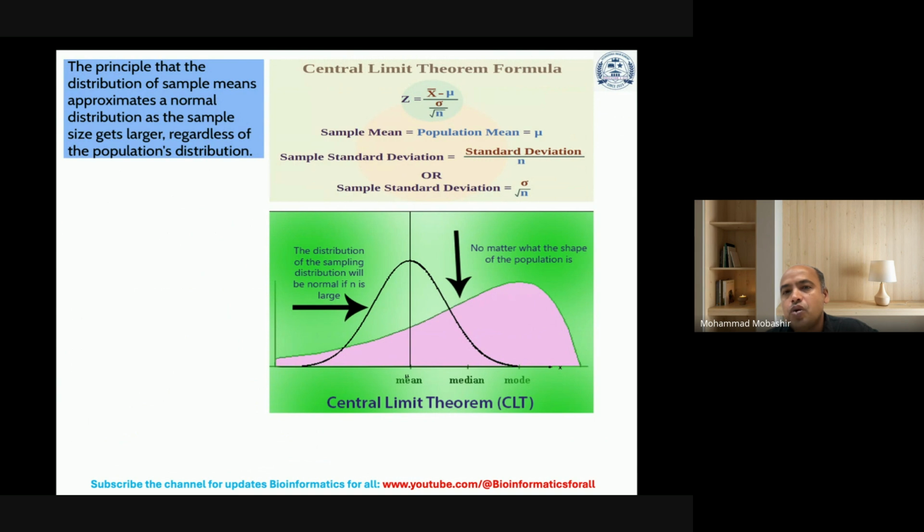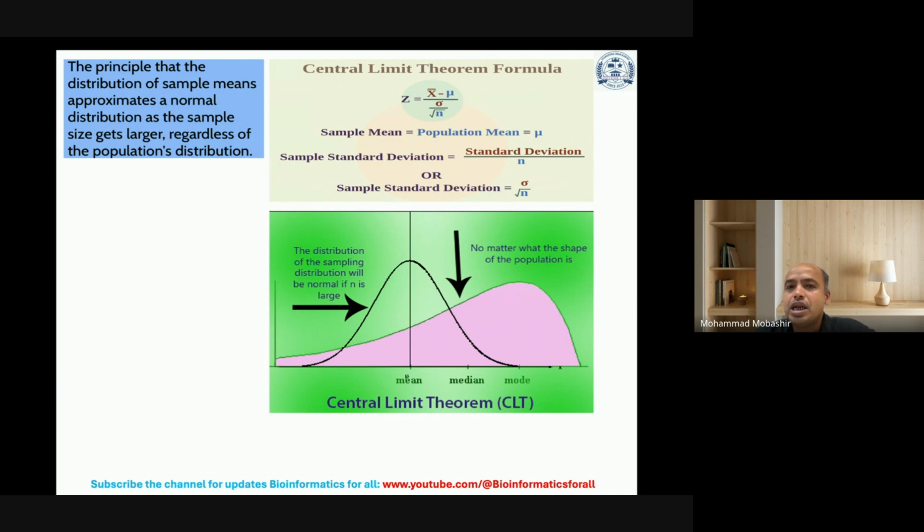In summary, the central limit theorem formula in a very simplified form, which is easy to write in coding, is z equal to x bar minus mu, upon sigma upon square root of n. Sample mean equals population mean, that is mu. Sample standard deviation is equal to standard deviation upon square root of n.